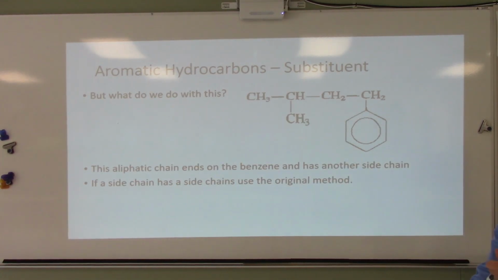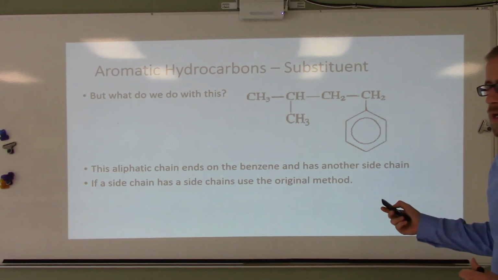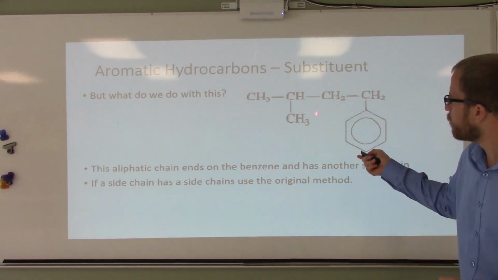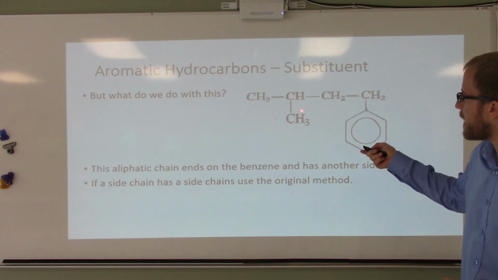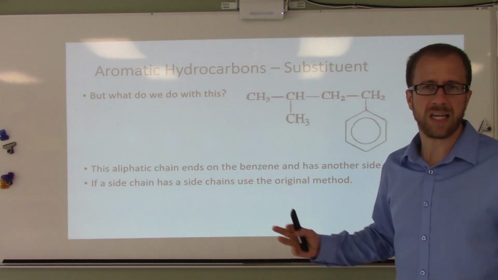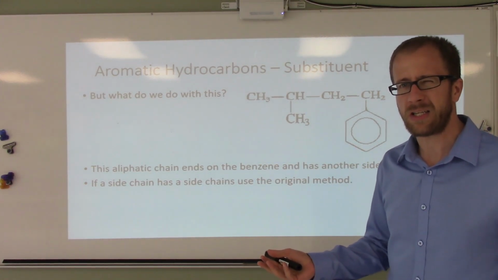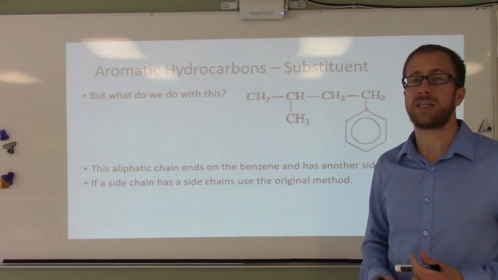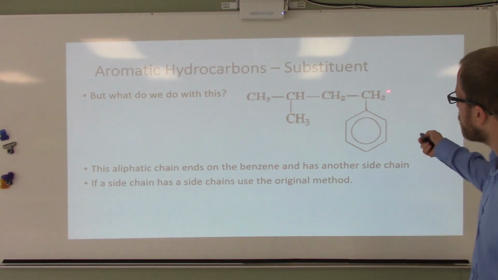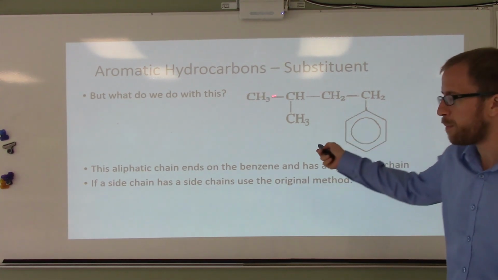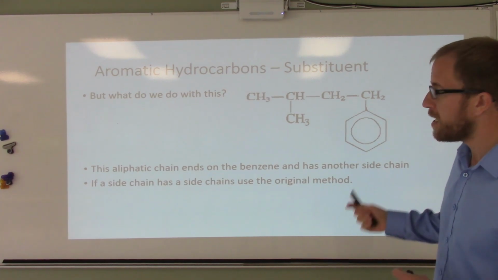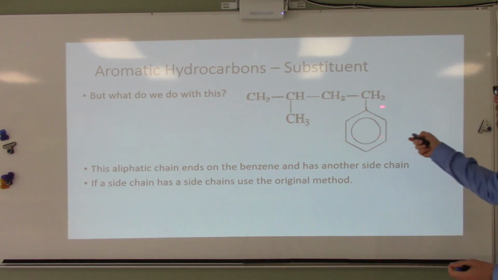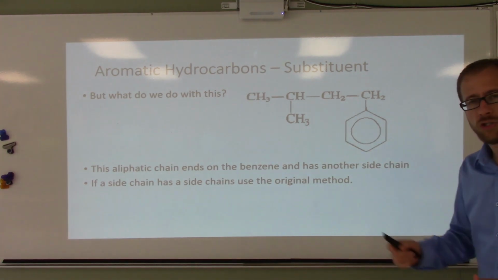Now, you probably won't get a scenario like this in a grade 11 course. Really, we didn't learn the specific names of branched side chains, and you won't really until university level. So if you were to see something like this on a test at a grade 11 level, you would treat this as the backbone. So if you have a branched side chain coming off of a benzene ring, you would treat this here as your parent chain.